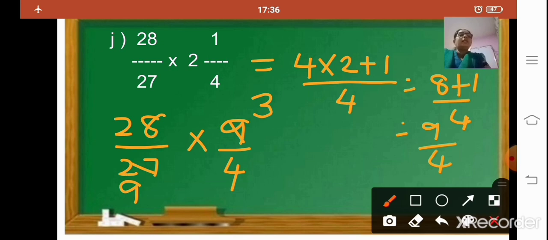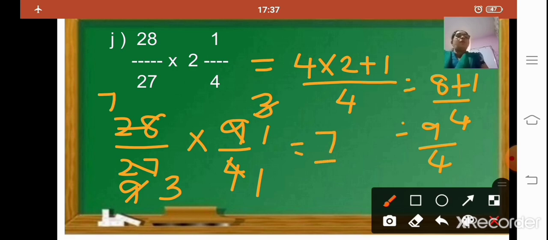Or you can directly take 9 1s are 9 and 9 3s are 27. Again 3 and 9: 3 1s are 3, 3 3s are 9. Now 4 and 28. 28 is easily divisible by 4. 4 1s are 4, 4 7s are 28. So your answer is 7 upon 3.